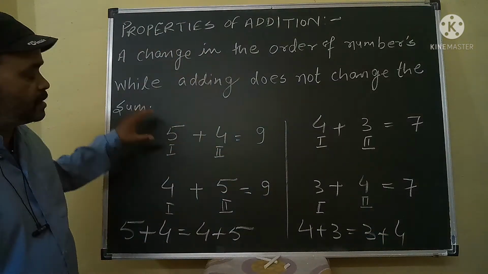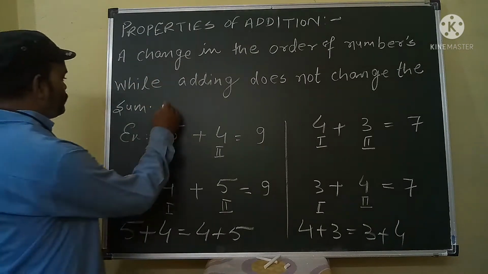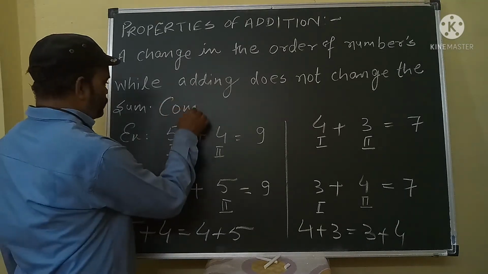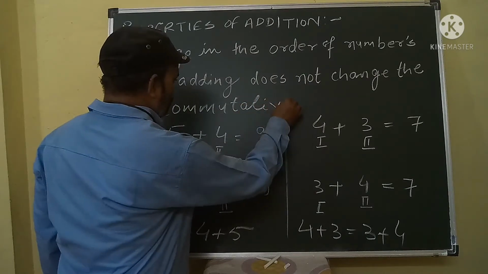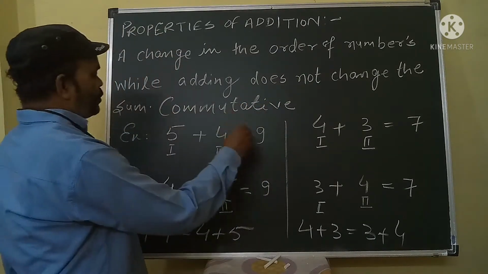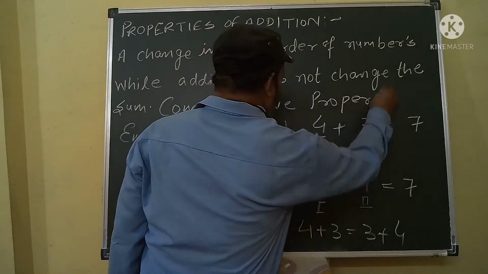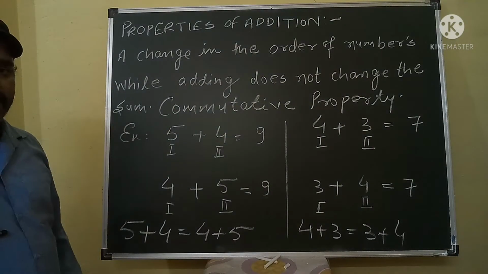And this property is known as commutative property.